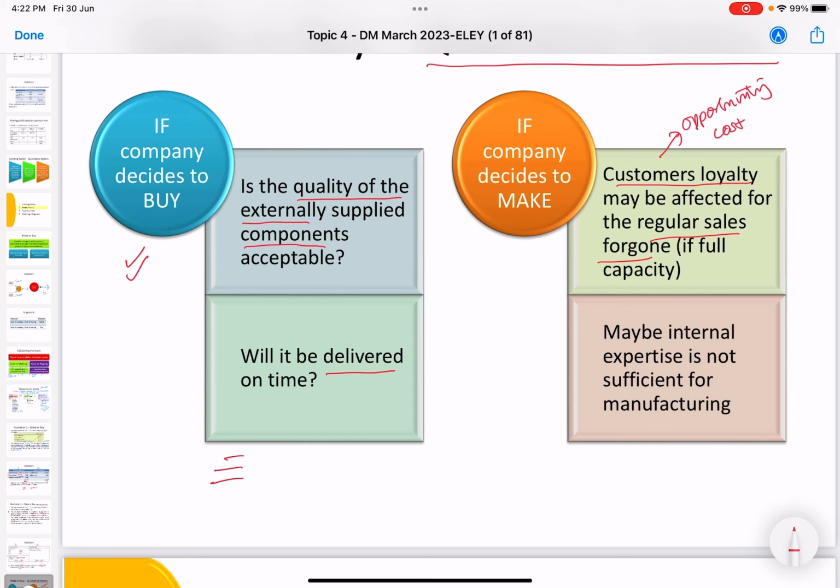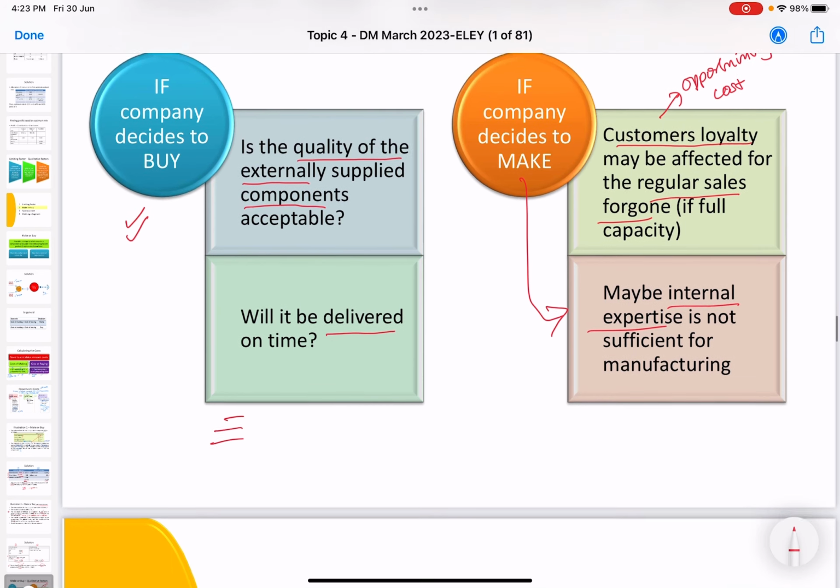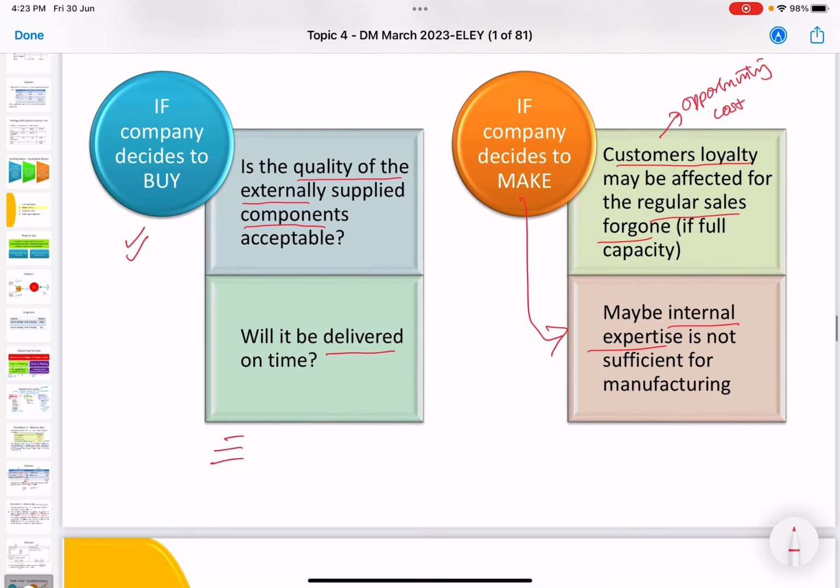And number two, if they decide to make, whether they have the internal expertise to make or not. Sometimes it's better to leave it to external expertise to make the component rather than having to train people from scratch and then proceed with the production. So these are the issues that need to be taken care of before the company finally decides to make or buy.